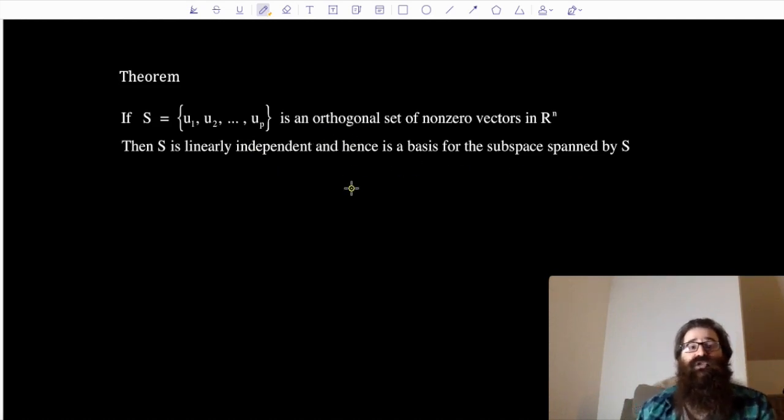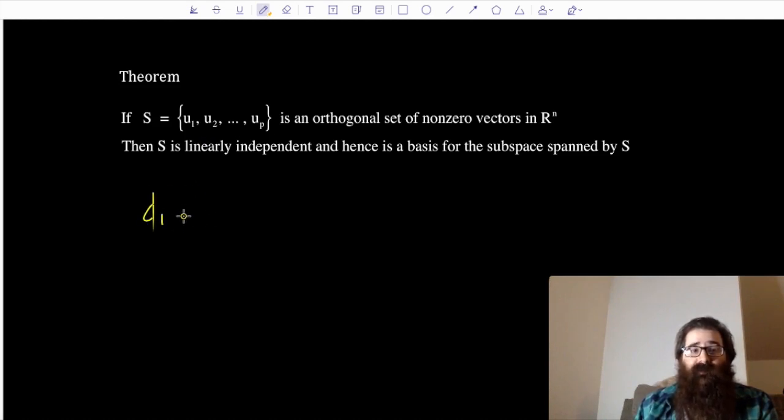And let's see if we can show that this is in fact going to give us linear independence. So if I have this set of vectors, u sub 1 through u sub p, consider the linear combination made up of these vectors. Let's have coefficients in here.